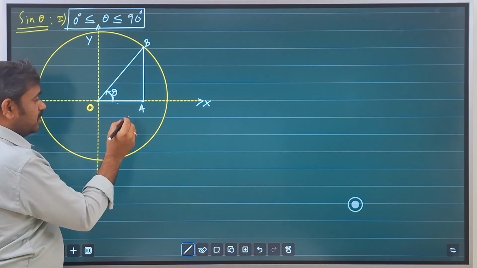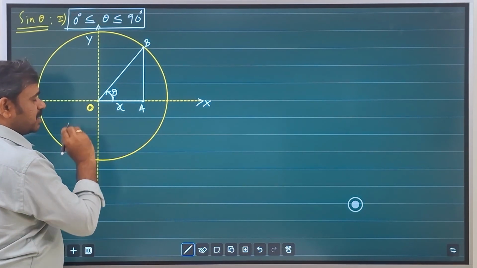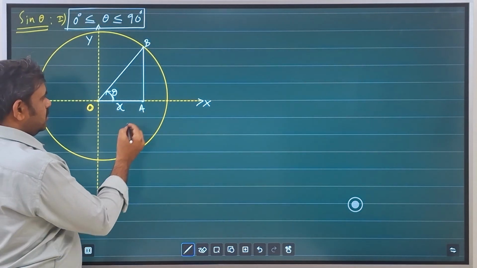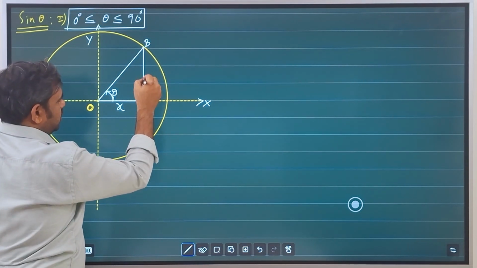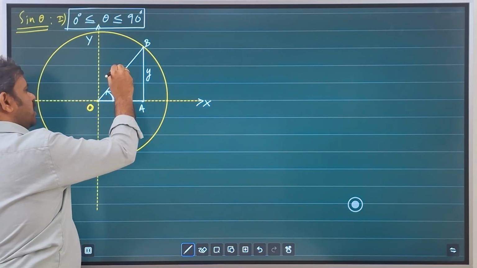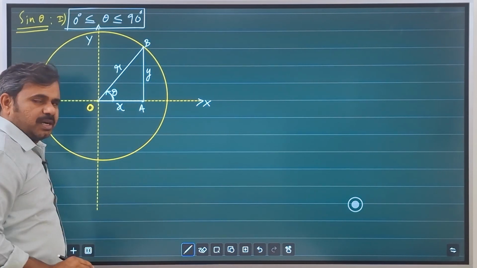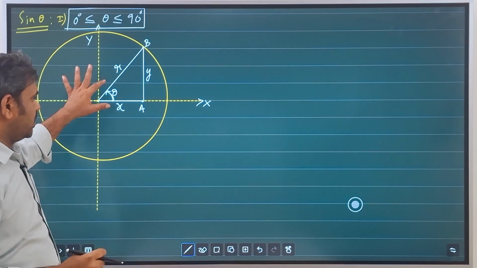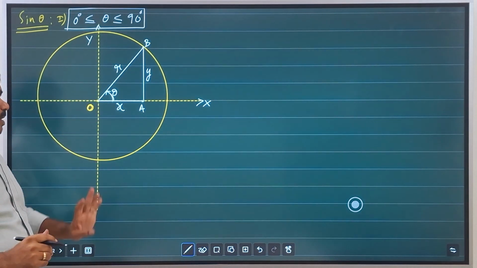Adjacent side to angle theta is along the x-axis, so OA, let's give the symbol x, the usual symbol. Let's give the symbol y to the vertical line, and this r is the hypotenuse and also the radius of the circle. Since this is assumed to be a unit circle, radius is equal to 1 unit.